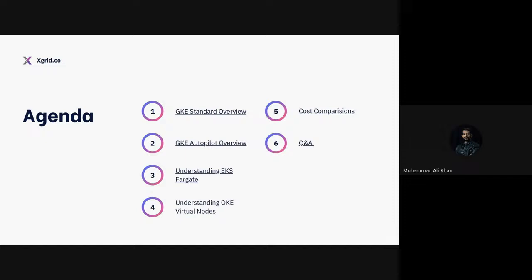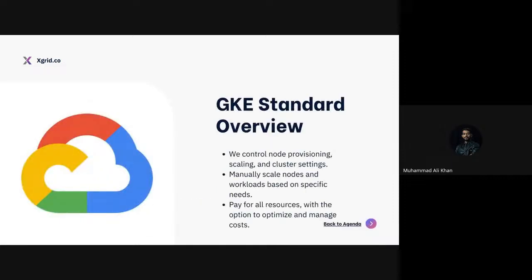But there is still a responsibility on you that you have to manage the worker nodes, choosing your machine types and sizes, and handling your node upgrades and patching, right? When we are using managed Kubernetes offering, we have to manage all of these things like managing worker nodes, upgrading our nodes, and scaling these nodes whenever there is a resource constraint.